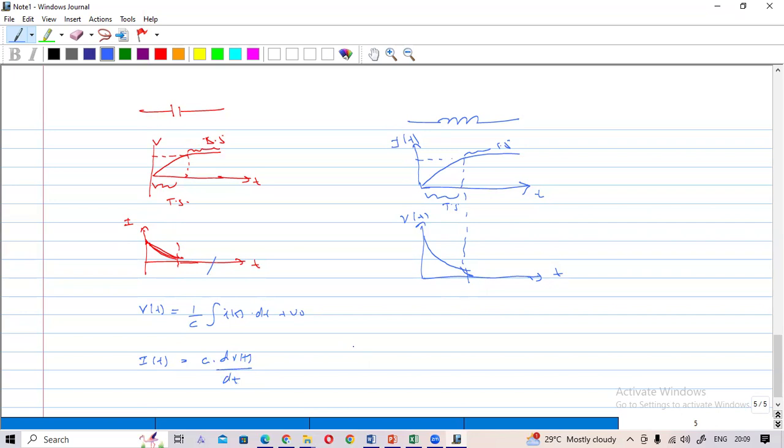The same type of equation you will get here also. For the inductor, V(t) equals L di(t)/dt.